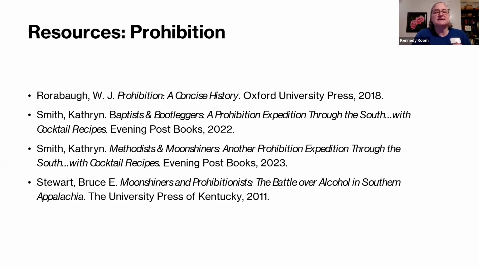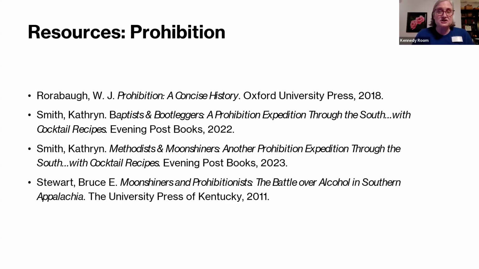Prohibition: A Concise History was helpful with background of Prohibition. The Catherine Smith books, Baptists and Bootleggers: A Prohibition Expedition Through the South, with cocktail recipes, and her follow up book, Methodists and Moonshiners: Another Prohibition Expedition Through the South, with cocktail recipes, are hysterically funny.